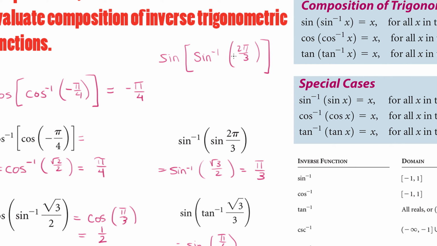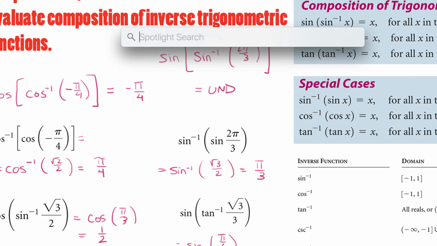If you divide that by 3, it's going to give you a number that is greater than 1. Therefore, this is not inside your domain. So 2 pi over 3 is not inside the domain. Therefore, this is undefined. Whenever a value goes outside your domain, then it is undefined.